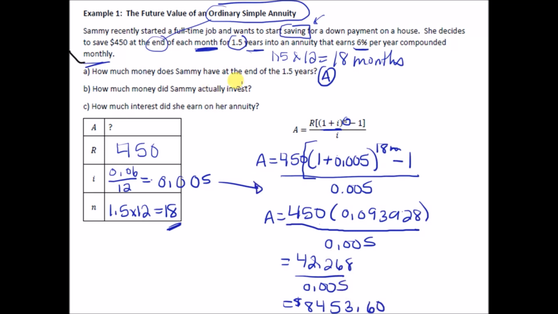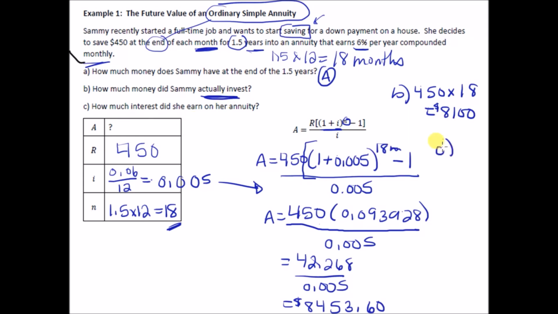Okay, now how much does she actually invest? So here's the thing. She invests $450 and she invests this 18 times. So that's like a simple calculation. She invests $8,100. Okay, and then how much interest does she earn?